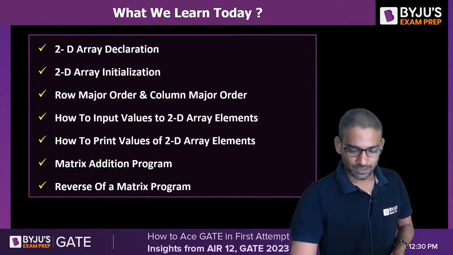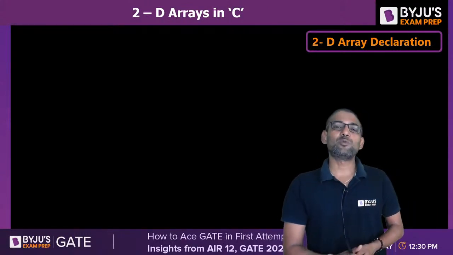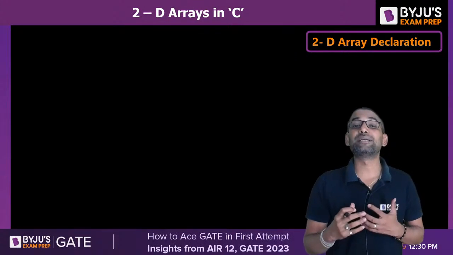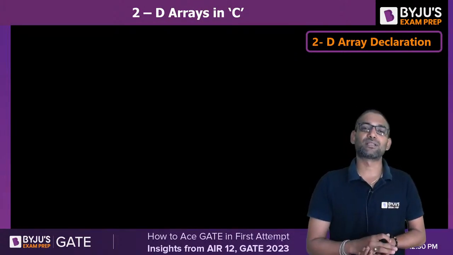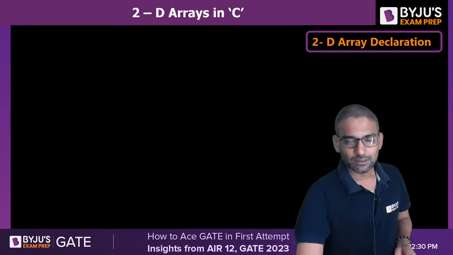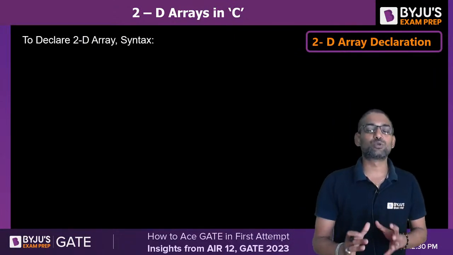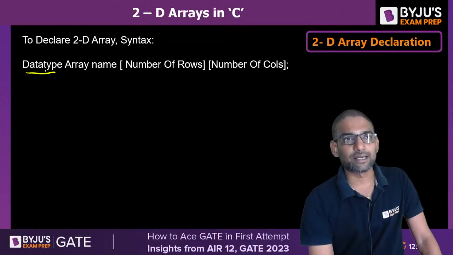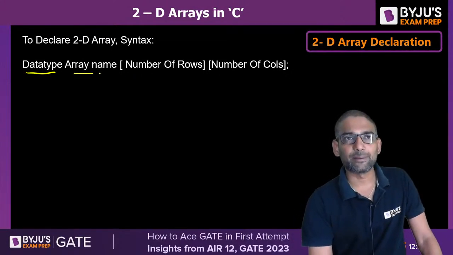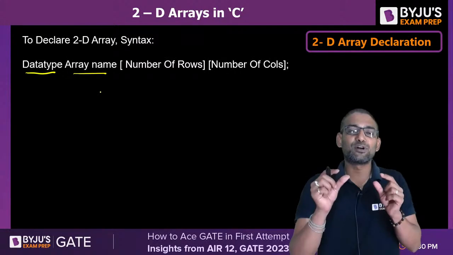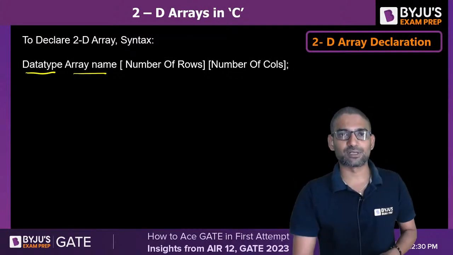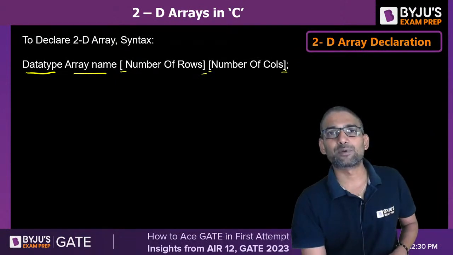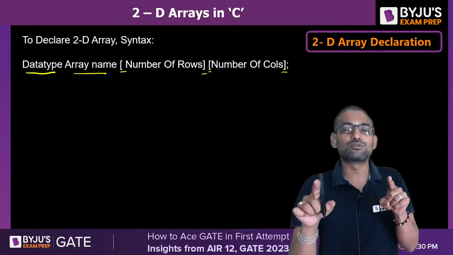Okay? Chalo. So first, how we can declare two-dimensional array, means how we can create two-dimensional array in the program. The syntax for creating two-dimensional array is data type, array name, and as I said, the number of subscripts define the dimension. We have to use two subscripts. Subscript means open square bracket, closed square bracket.